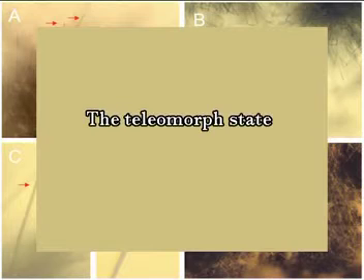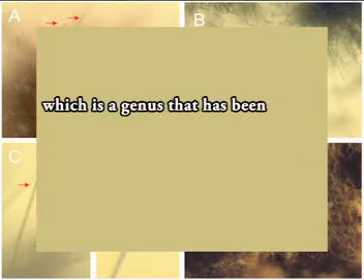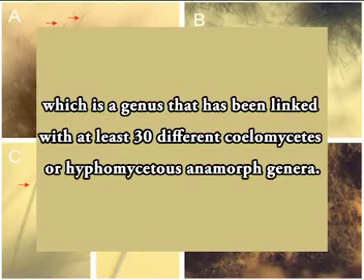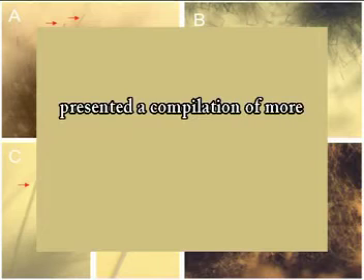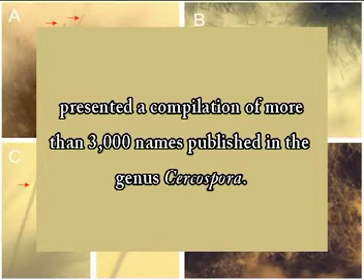The teleomorph state is Mycosphaerella Johanson, which is a genus that has been linked with at least 30 different coelomycetes or hyphomycetes anamorph genera. Crous and Braun in 2003 re-examined Cercospora and presented a compilation of more than 3,000 names published in the genus Cercospora.